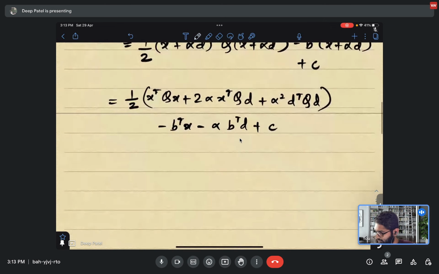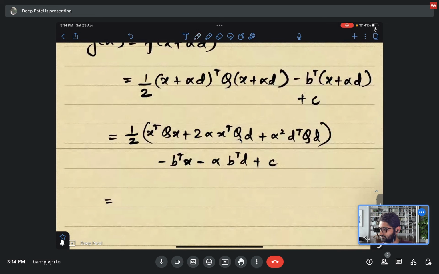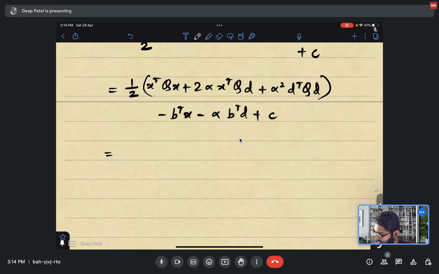So ultimately what do we get? Remember that this g is actually a function of alpha, right? So x and d both are fixed. So as a function of alpha, what do we get?